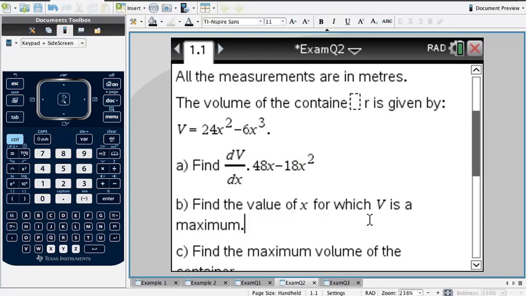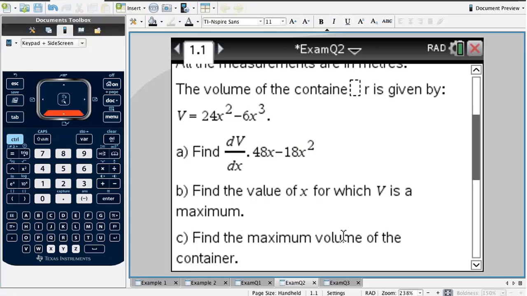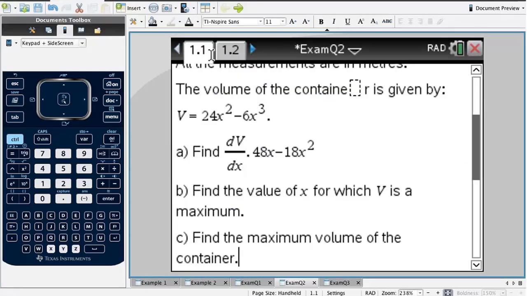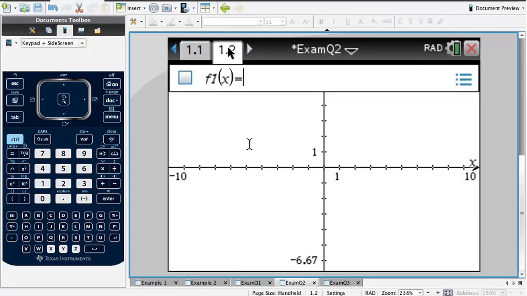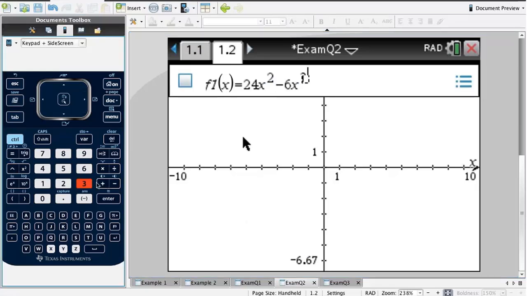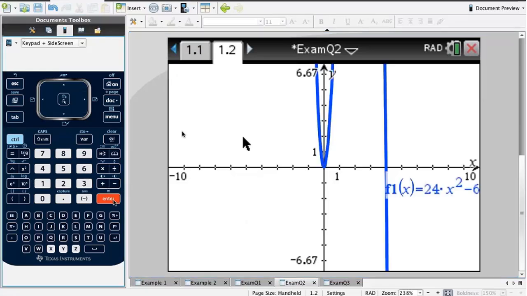Okay, so let's graph the function. On graphs, we want to graph 24x squared minus 6x cubed, and I want to know when it's a maximum.